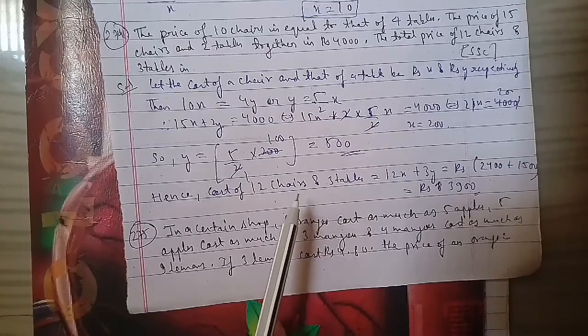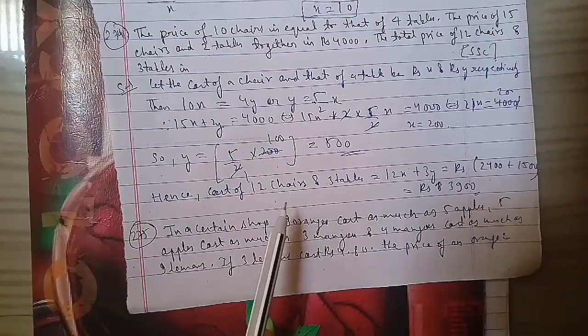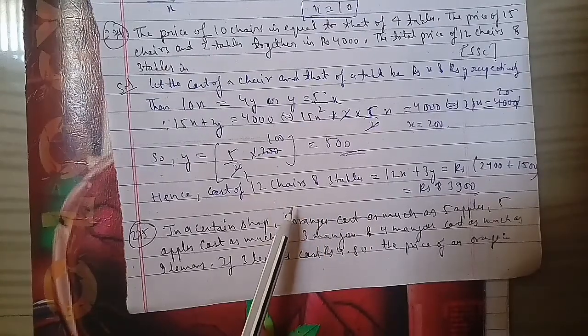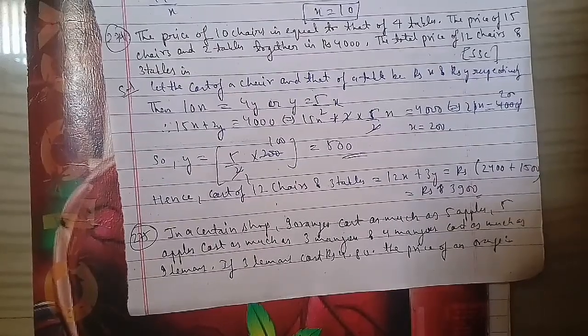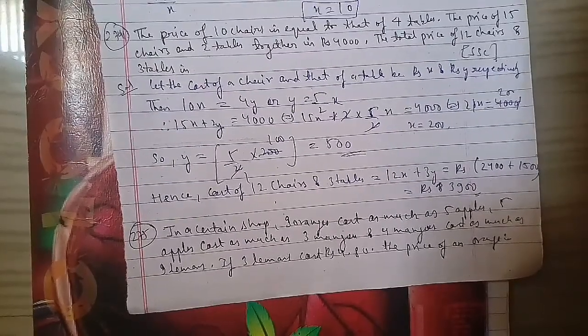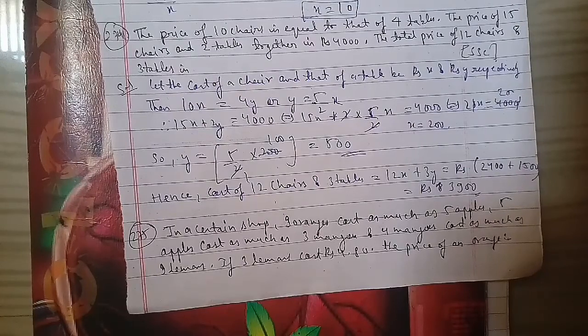For that we have to solve it and find it out. So we will be going ahead with the solution for this, which is also a very important question. As I told you, these are questions you should try on your side as well, so that you get to know whether you are able to do it or not.